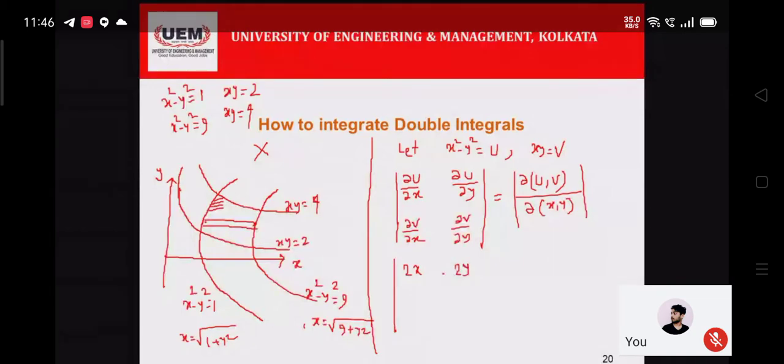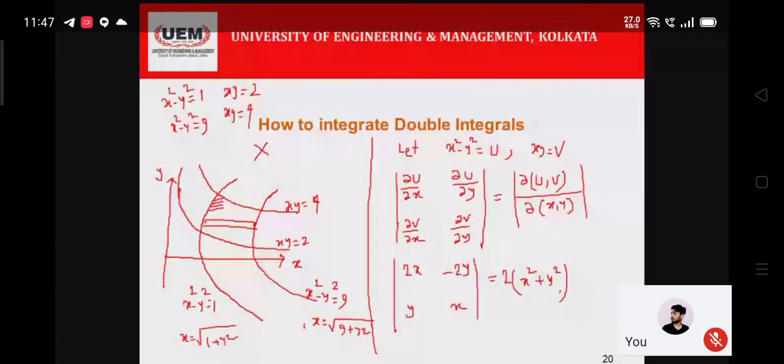Sorry, minus 2y. Yes. Okay, del v del x is y and del v del y is x. So if we now calculate the determinant value, then 2x square plus 2y square. This is 2 times x square plus y square.